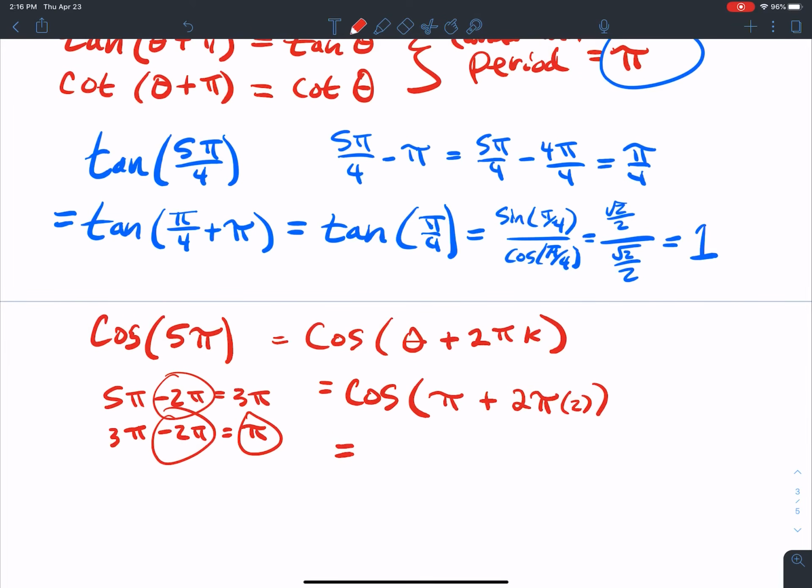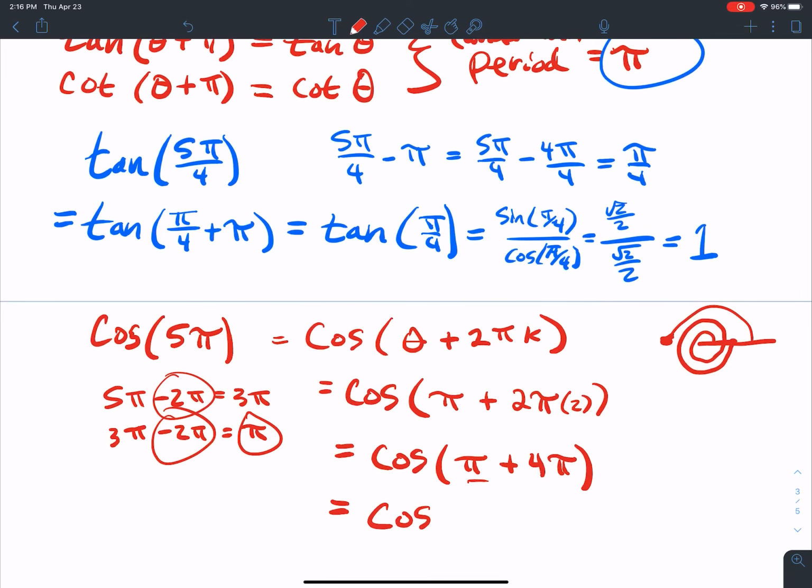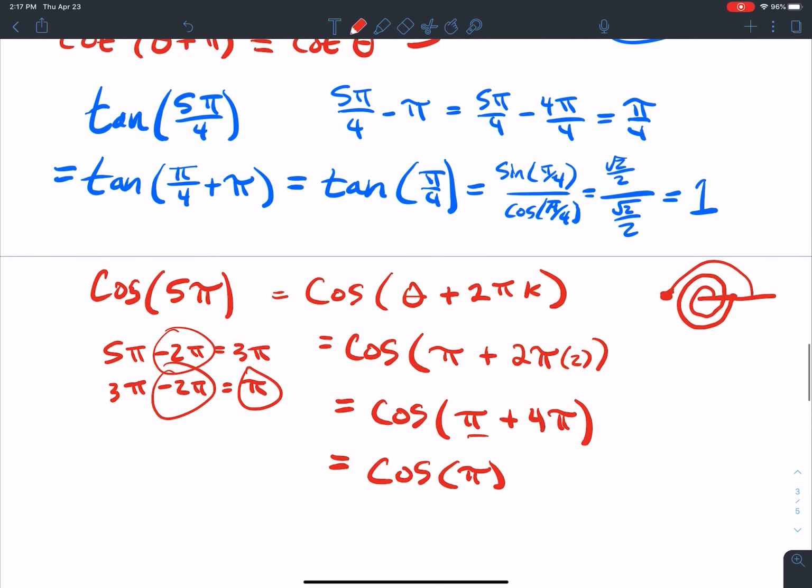So that's cosine of pi plus 4 pi. That's like going around the circle once and then going around it again, 2 times. 4 pi is going around the circle 2 times. And then I go around pi like it asked me to do here. So this is equal to the cosine of pi.